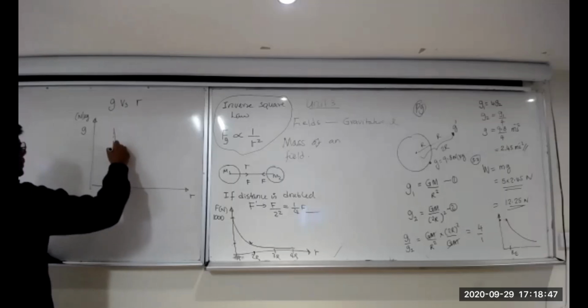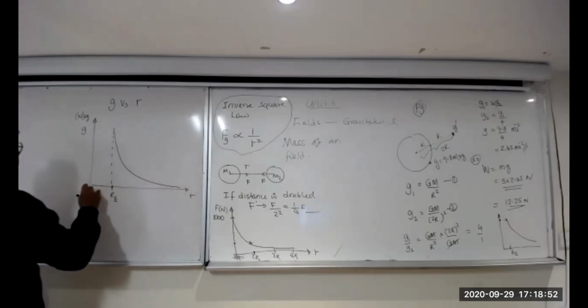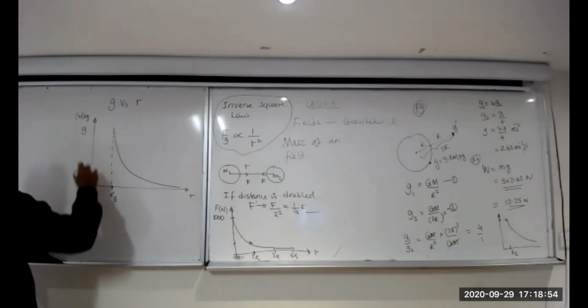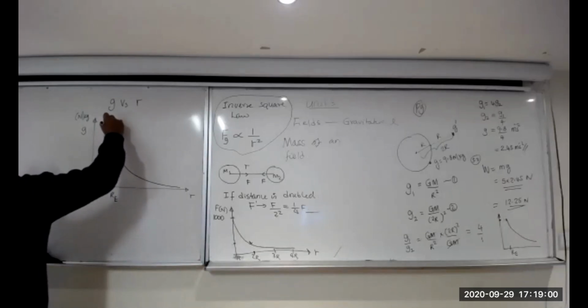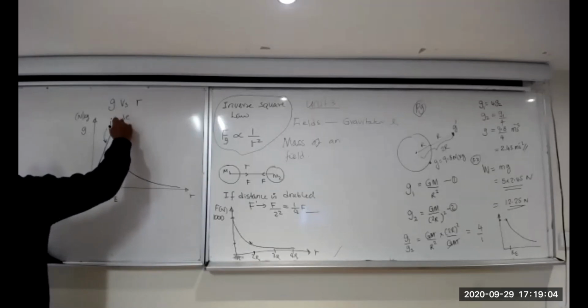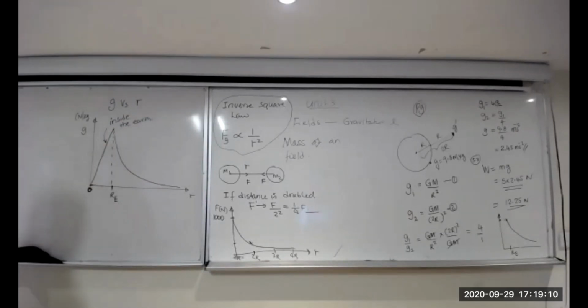It drops following that inverse square law. Inside the Earth, it decreases linearly. This part is inside the Earth, and it goes linearly.